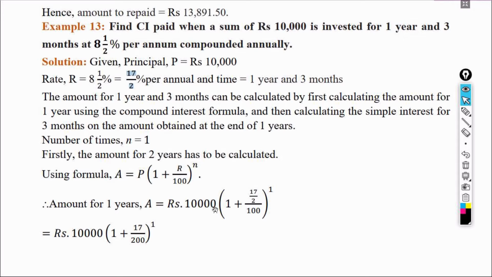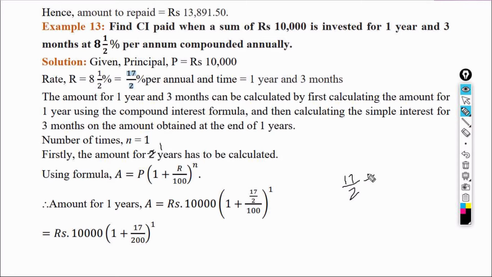Now just simplify 17 by 2 divided by 100.